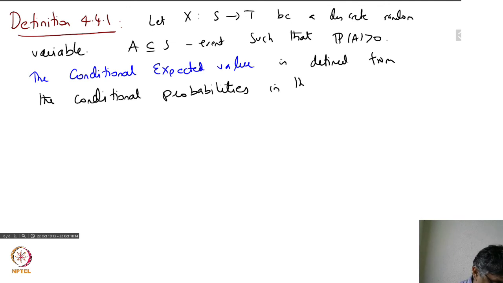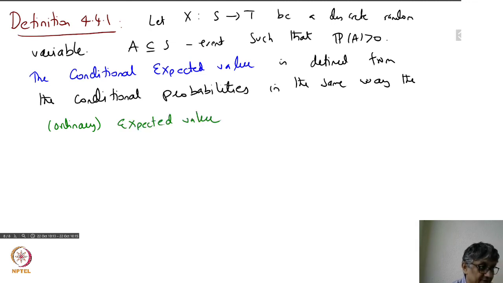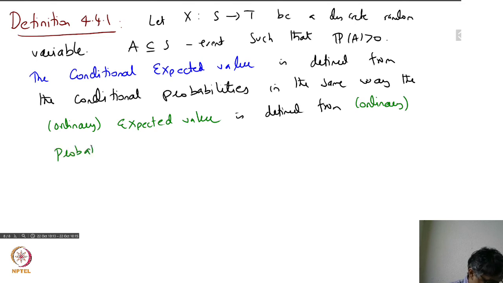In the same way as the ordinary expected value is defined from the ordinary probabilities. So how do you do this now?